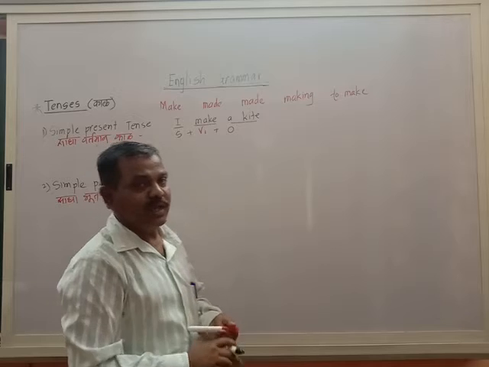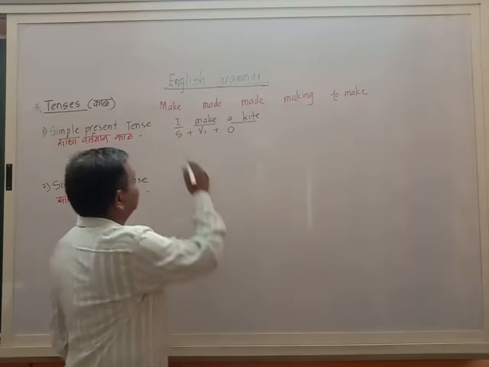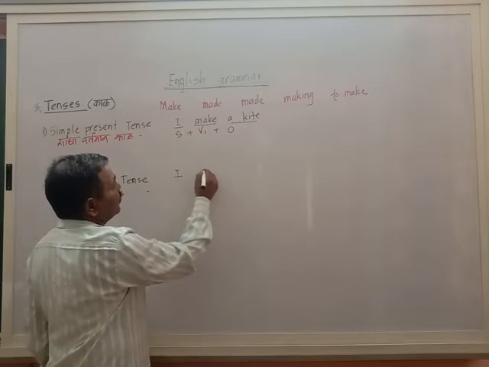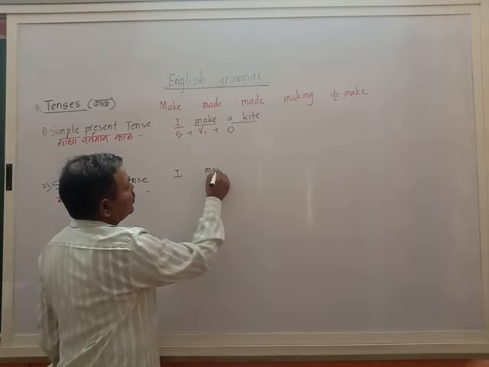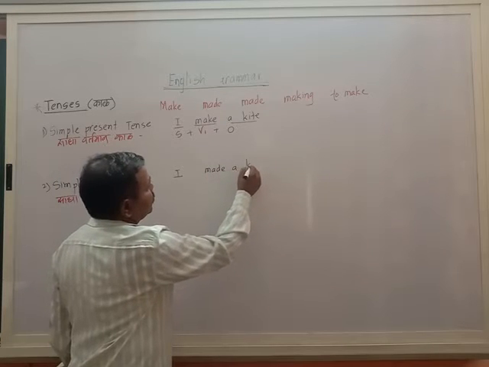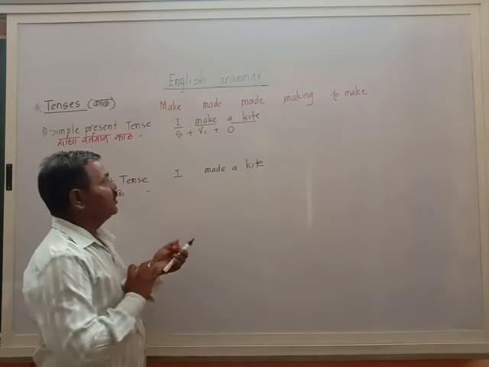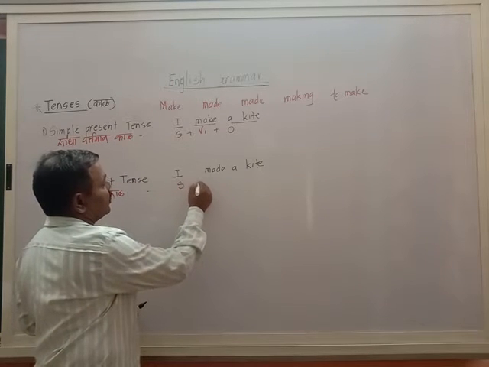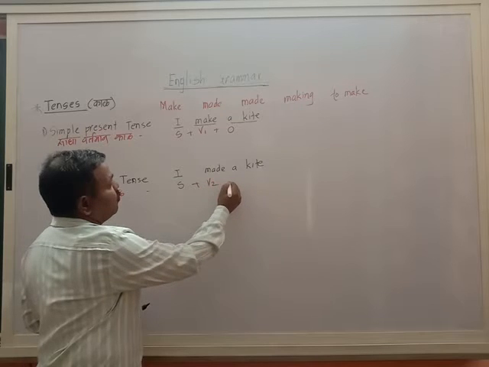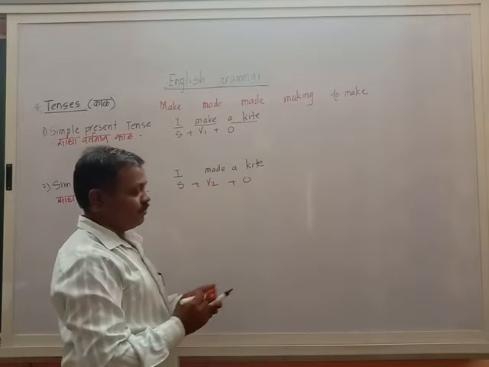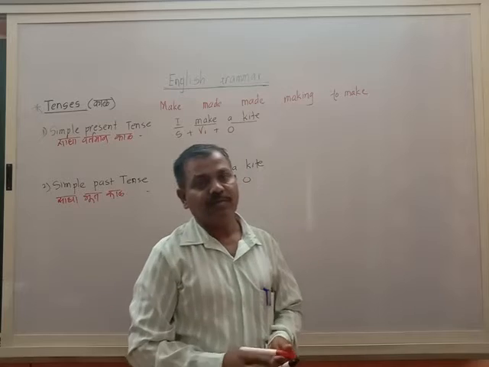What are the changes in the simple past? I made a kite. The one change is there, you will notice it: subject plus V2 plus object. This is the change.